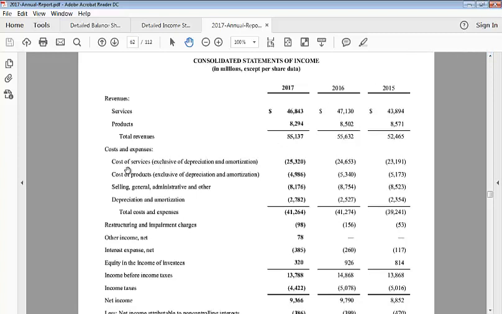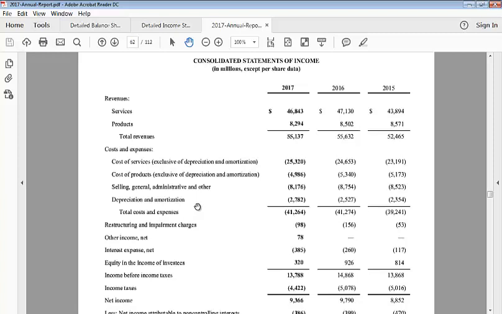They don't break out their expenses in much detail. They've got cost of services, cost of products, selling, general, administrative, and other expenses, depreciation, and that's the bulk of it. But they don't break that down into, say, salaries expense and rent expense and various detailed line items. Okay, they don't make that publicly available.